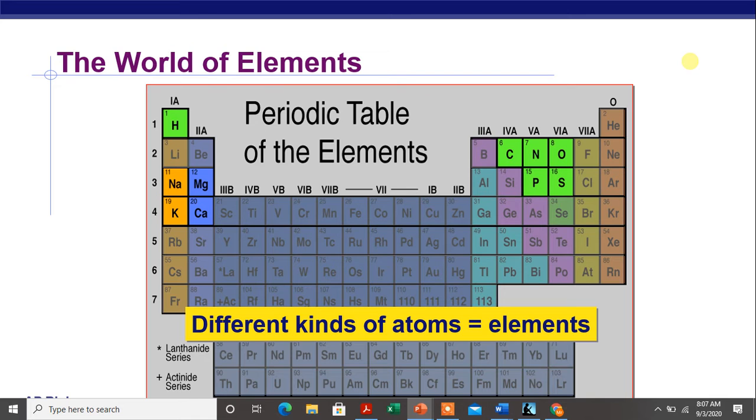Those are the ones that are really going to be important for biology because they are found in significant quantities within living systems. Like I said, maybe I'll go back and edit for next year. I would take chlorine and make that lit up too, just because I think that's an important one that we're going to talk about as well. Unlike in chemistry, most of these elements are going to have nothing to do with what we're talking about. So we're going to focus in on these ones specifically.